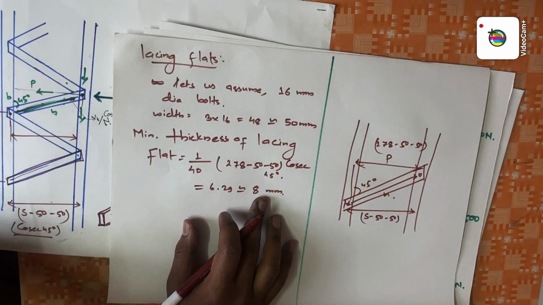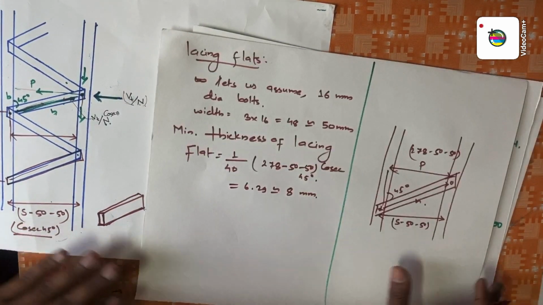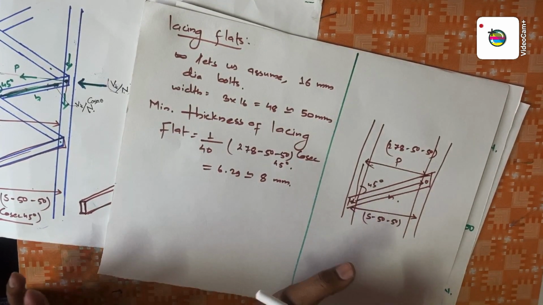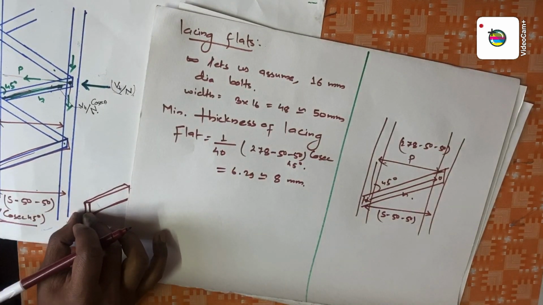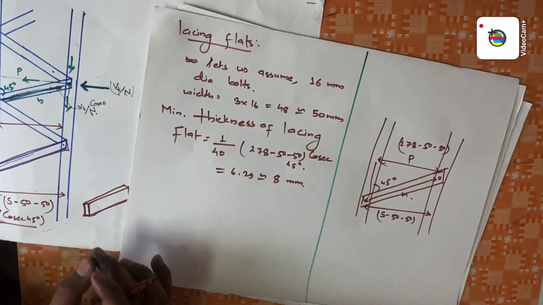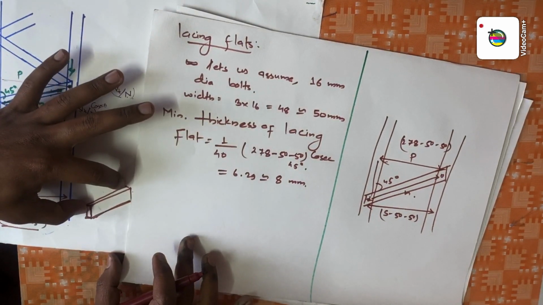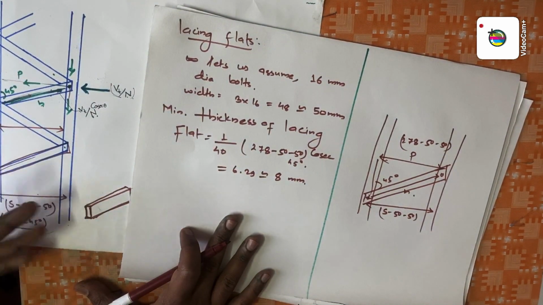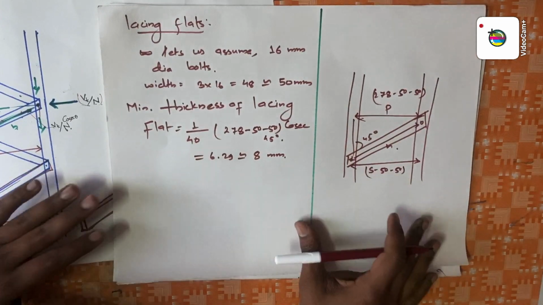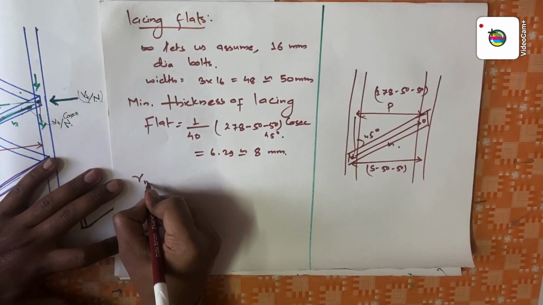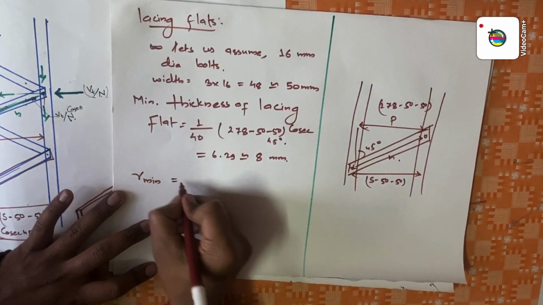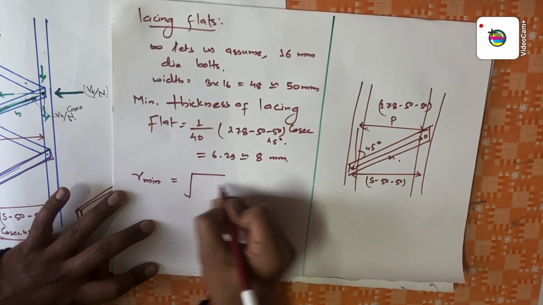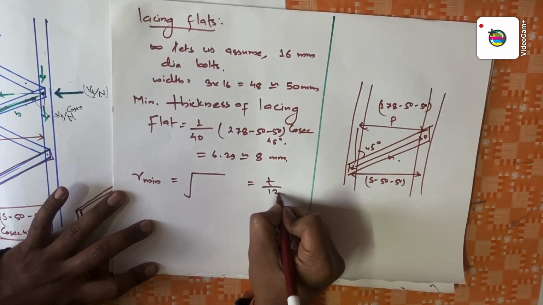Okay, so we know the length of this flat, the width of this flat, and the thickness of this flat. So now we have to check whether this lacing bar is stable or not, or whether the dimension we chose is correct or not. For that calculation, we have to calculate r minimum, the direct formula being t by under root 12.